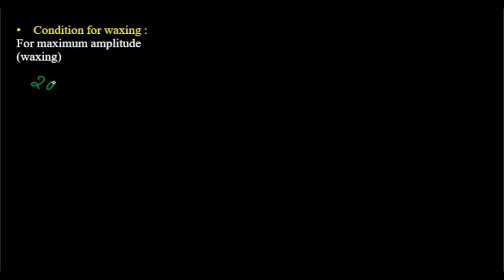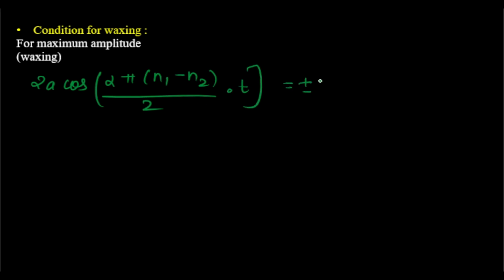Here it is 2a cos(2 pi (n1 minus n2) divided by 2 into t) is equal to plus minus 2a. By solving this, we get t is equal to 0, 1 divided by (n1 minus n2), 2 divided by (n1 minus n2), and so on.